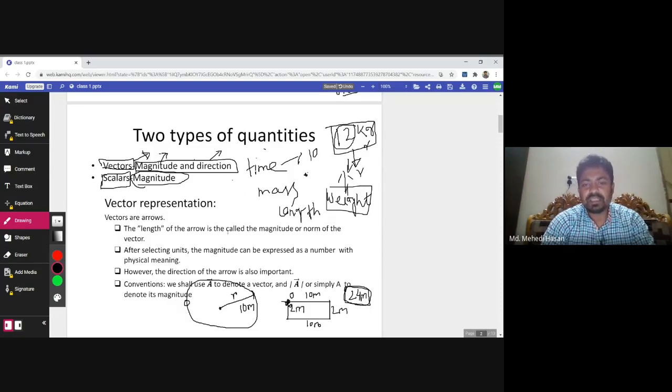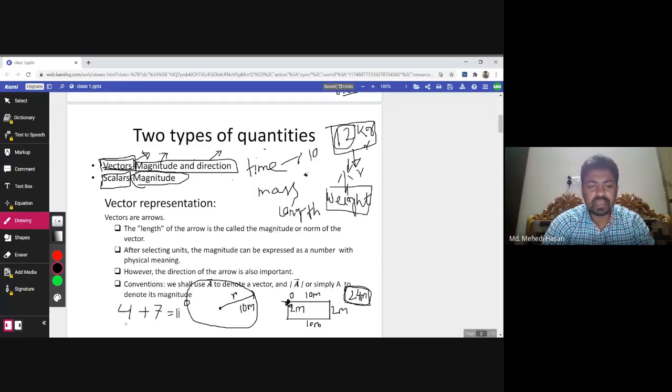Now, vectors don't follow the normal mathematical rule, but scalars follow the normal mathematical rule. Say if 4 and 7 are given, then the sum of these two gives 11.